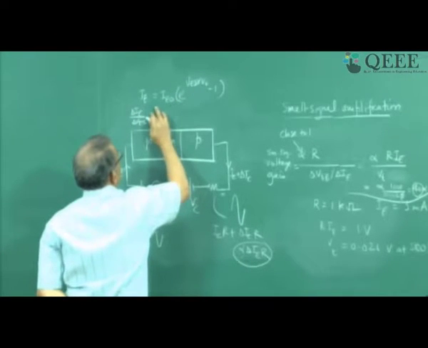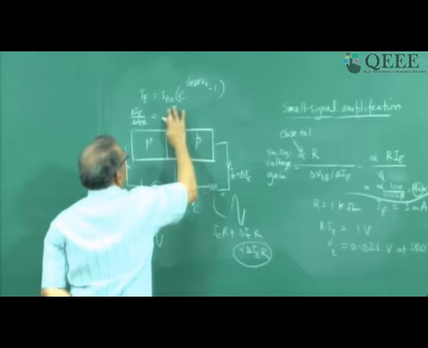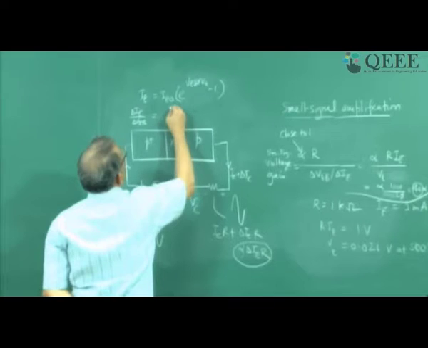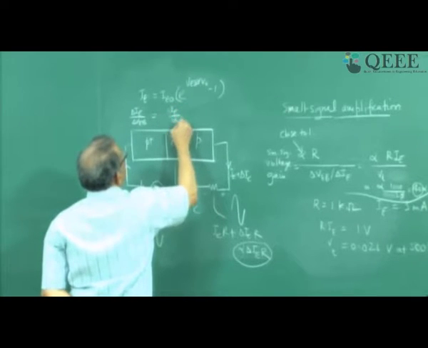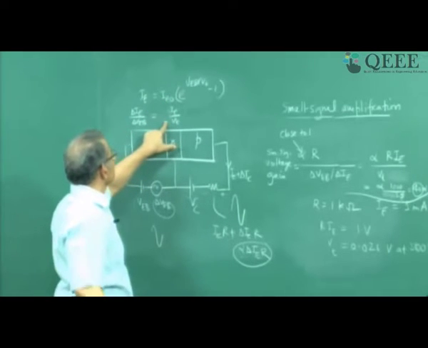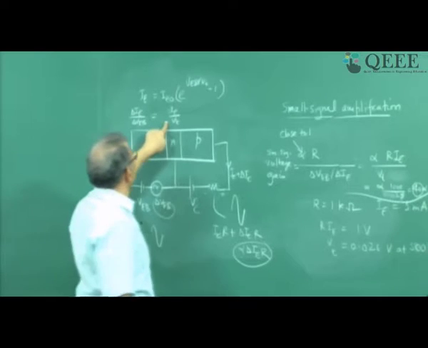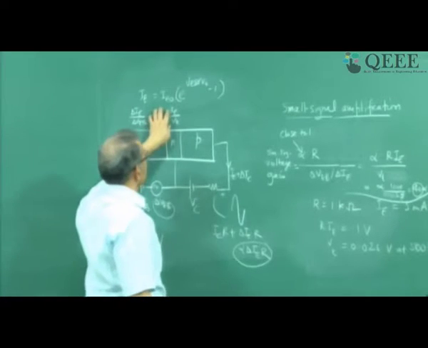Now this turns out to be approximately equal to IE by VT. When you differentiate this, you get this. Is this clear? Then it is not so difficult at all.